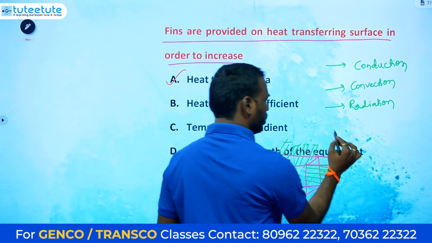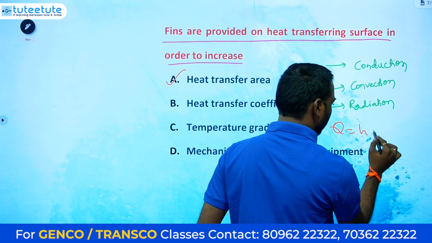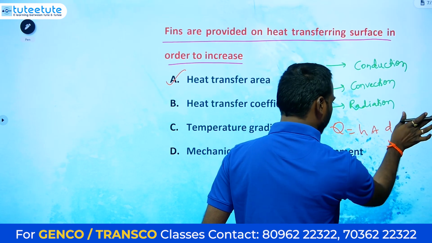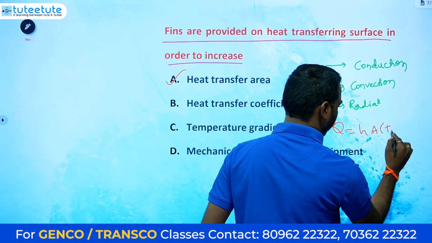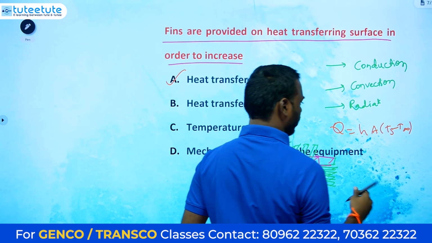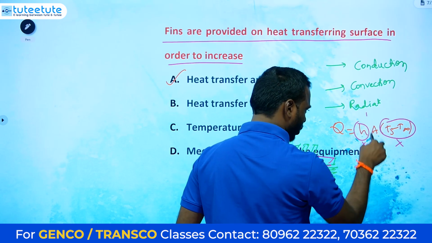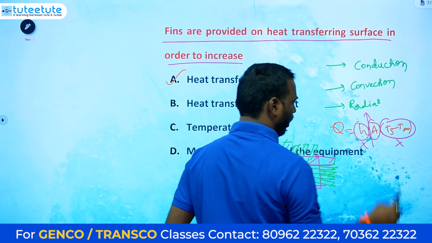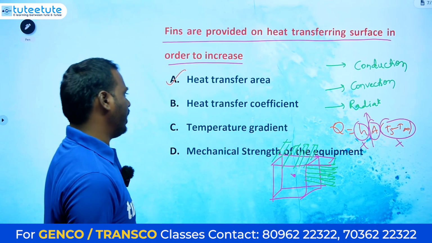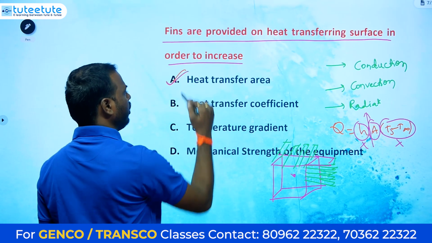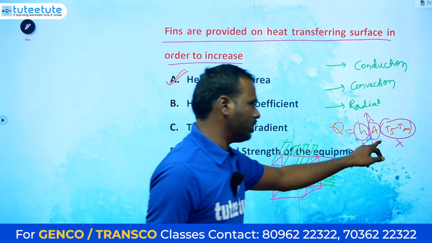Generally Q is equal to hA delta T, that is hA (Ts minus T infinity). We cannot change this one. In order to increase Q, we increase the area only, which is the heat transfer area.